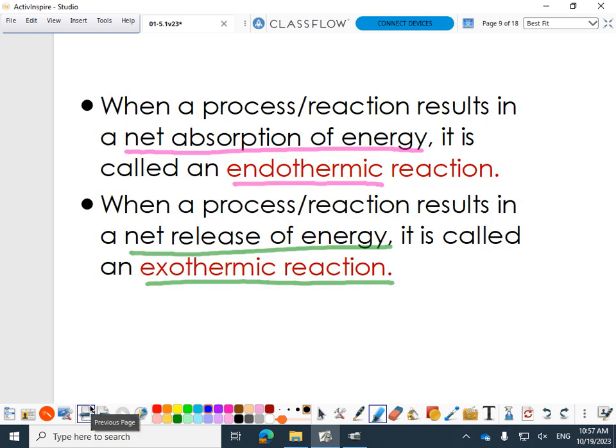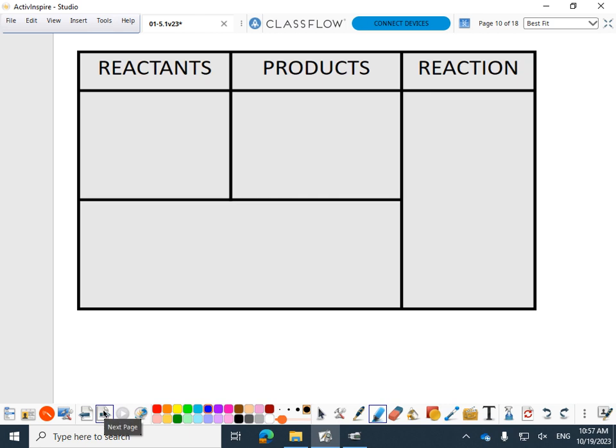Okay, so in both cases, always, always, always, reactants have to have bonds broken, which requires energy, or if you prefer the word, absorbed energy, same difference.